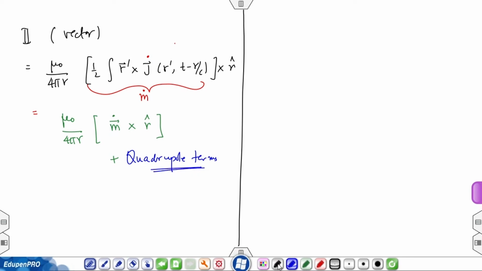And therefore, this vector potential A that I was calculating comes out to be equal to the first term plus the second term.